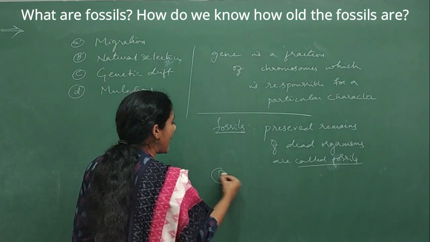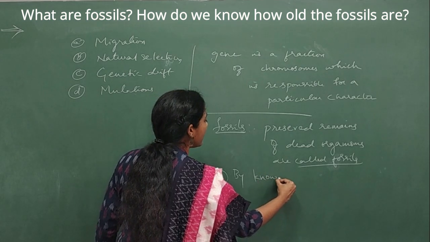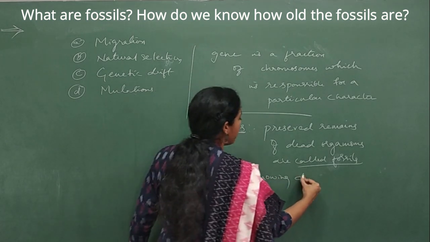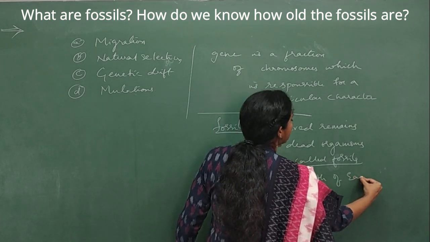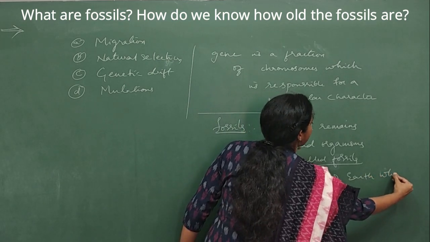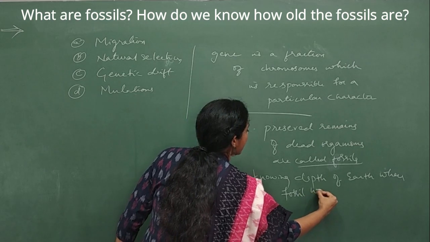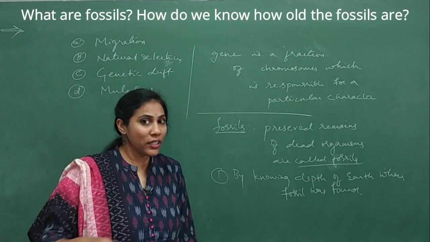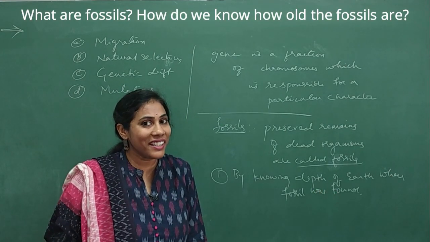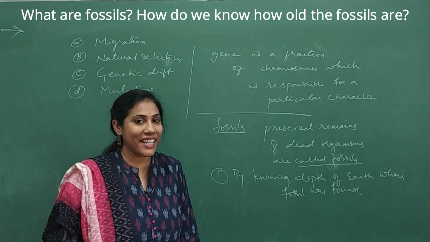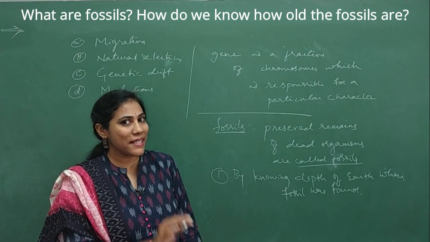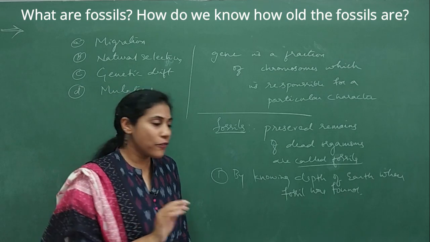First one is by knowing the depth of earth where the fossil was found. The more deeply you find the fossil in the earth crust, the more is its age. So that way, to some extent, you can come to know the age of a fossil.